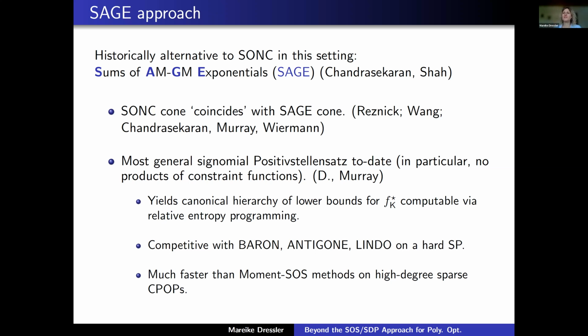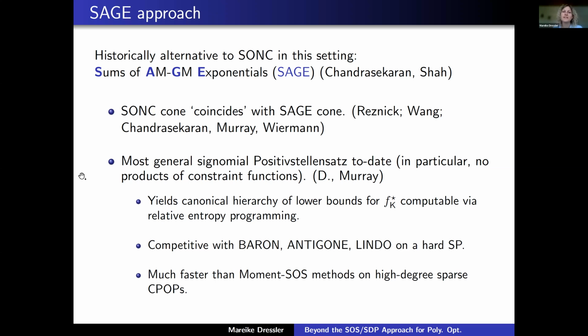So this is very nice and fascinating that this approach somehow happened coincidentally, basically at the very same time. Let me maybe just mention for the signomial setting, we recently developed the most general signomial positive Stellensatz to date.